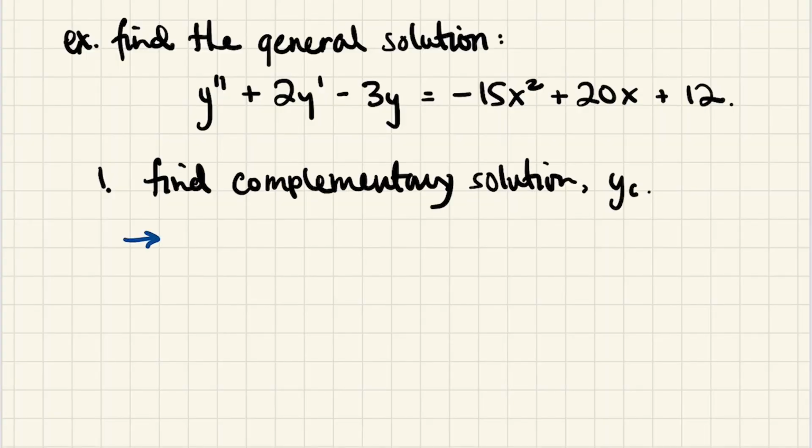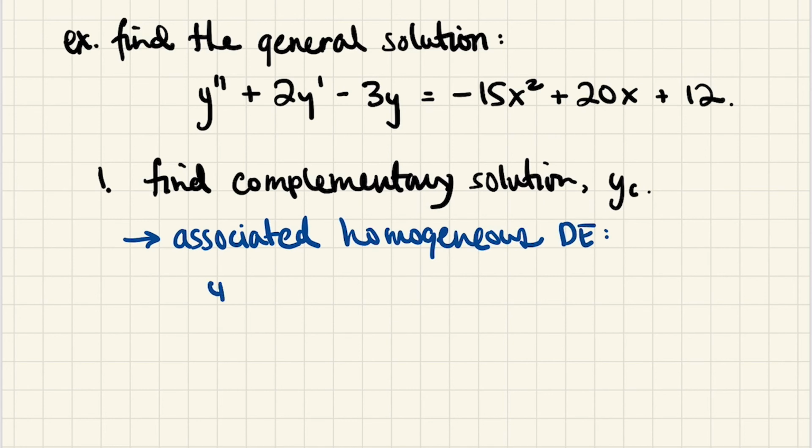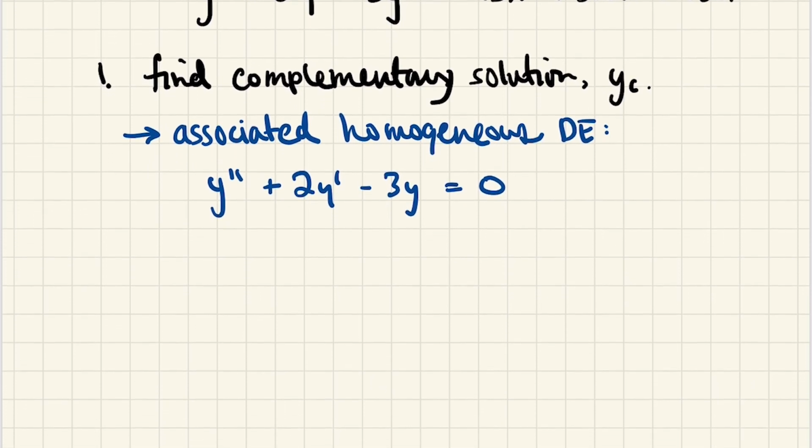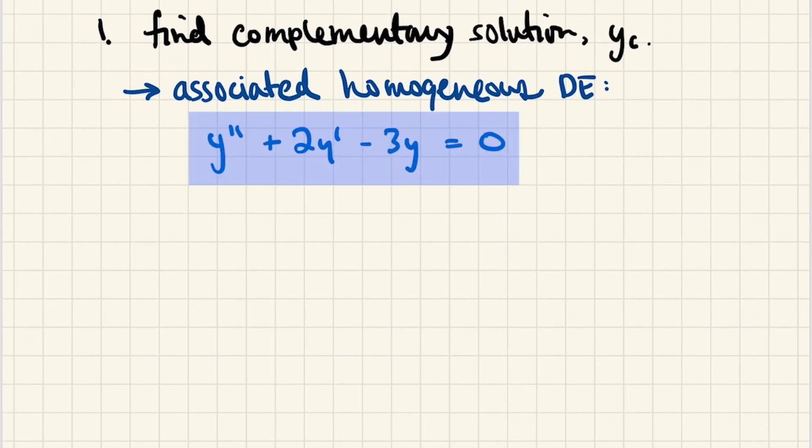Okay, so we're going to need the associated homogeneous differential equation, which is y double prime plus 2y prime minus 3y equals 0. So for the moment, we're kicked into section 4.3, where we're just solving this homogeneous differential equation. So we know how to do that. We need the auxiliary equation.